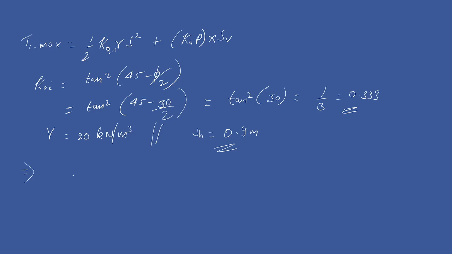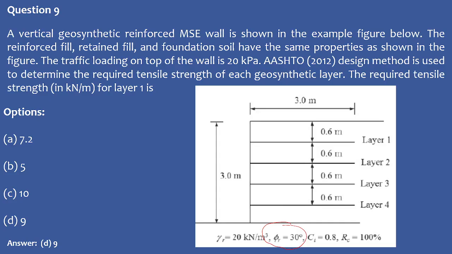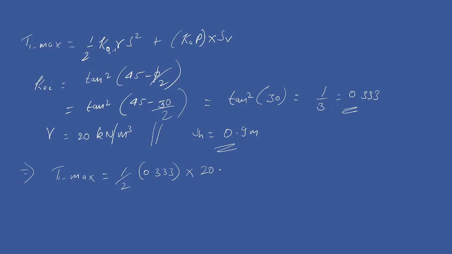If we calculate T1 max for the reinforced part, it's given as half Ka, which we know is 0.33, gamma is given as 20.